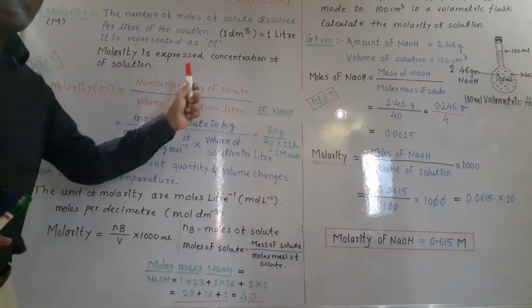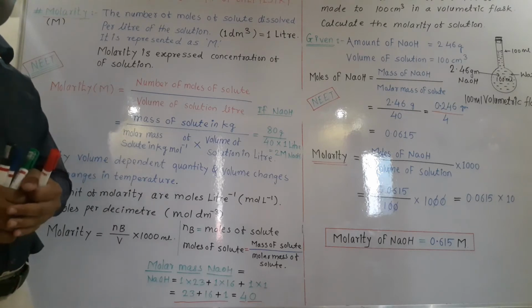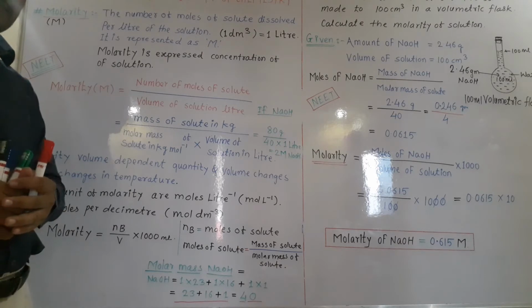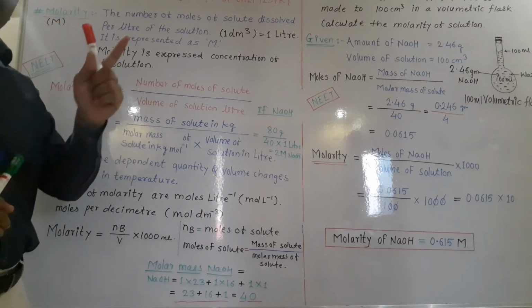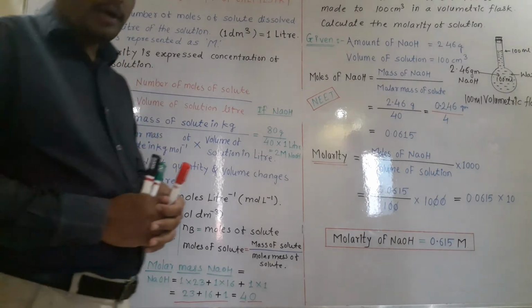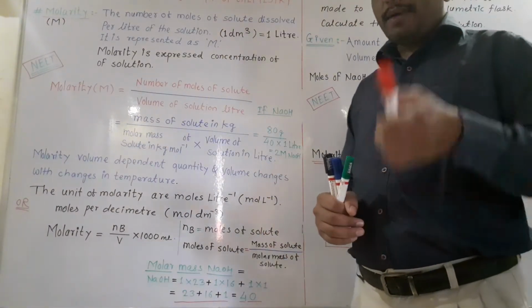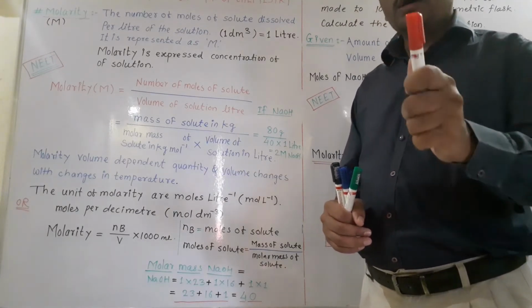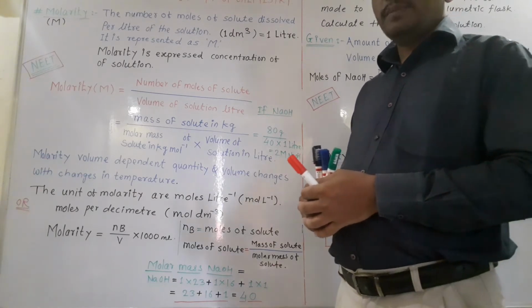Now, how to calculate the number of moles of solute? Number of moles of solute is calculated by mass of solute divided by molar mass of solute, in kg per mole or grams per mole.